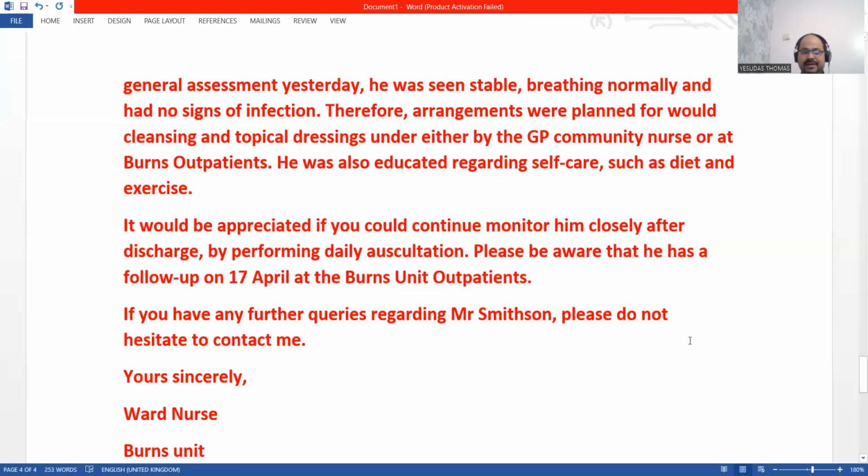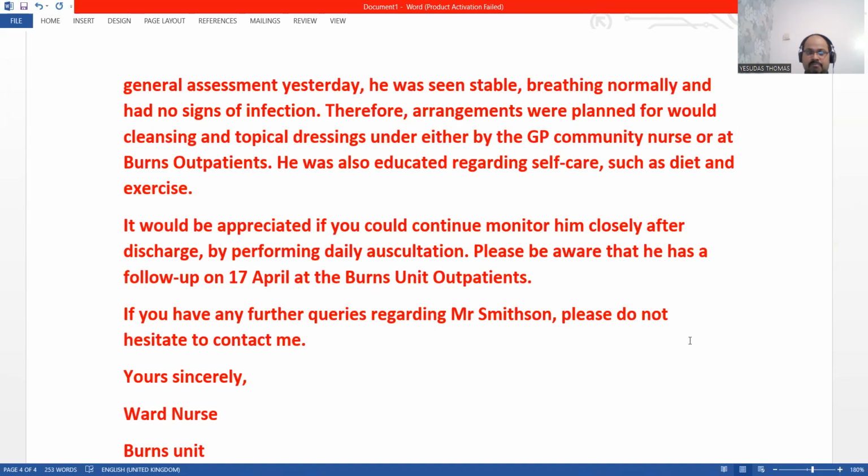It would be appreciated if you could monitor him closely after discharge by performing daily auscultation. So you can say that the GP should monitor him by performing daily auscultation. This can be done either by the doctor, by the GP, or by the community nurse.